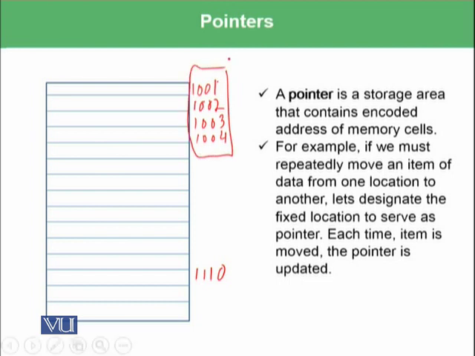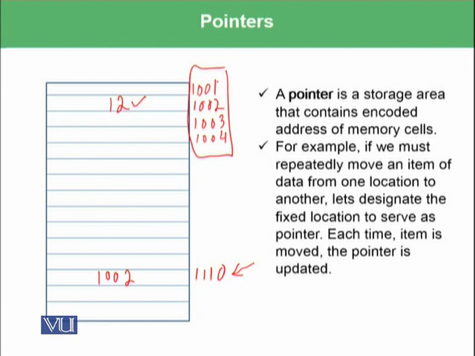So for example, if we are saying that in this address we are storing 1002, and in 1002 the data is, for example, 12. So this means that this location is storing the address of 12, and the address of 12 is 1002.